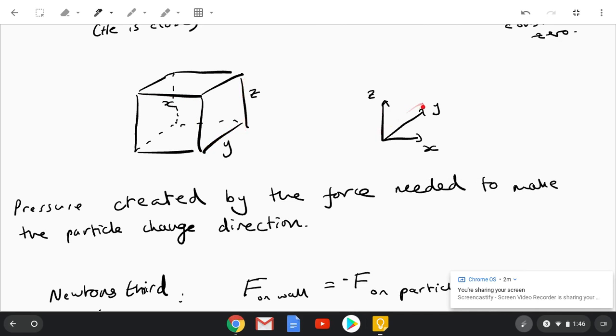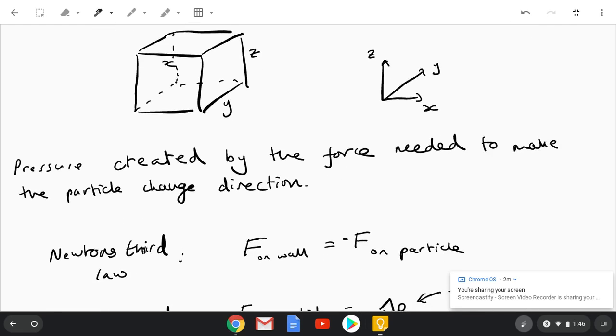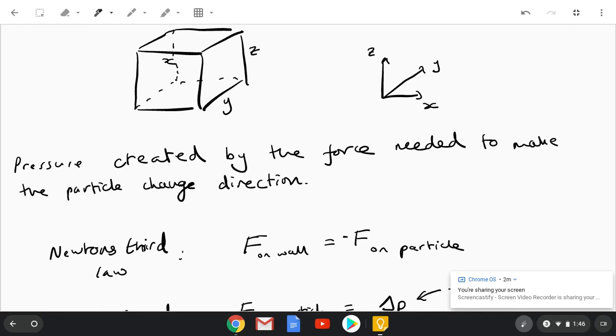We're looking at the Cartesian coordinates x, y, and z, and the pressure created by a gas on a single wall of that box.